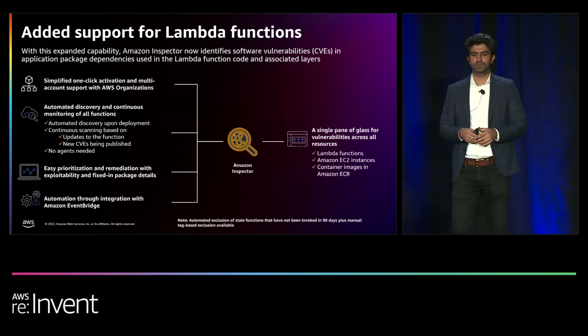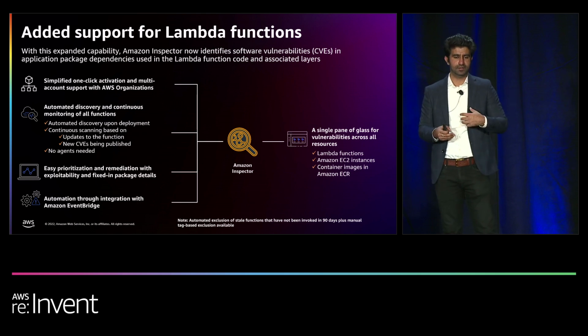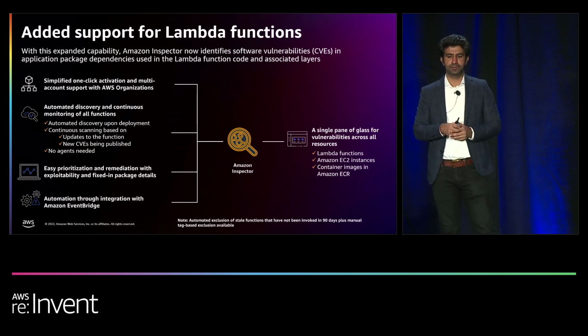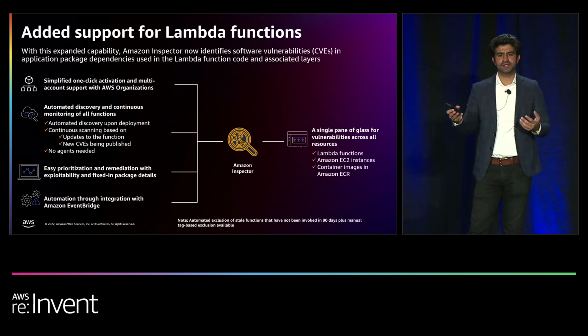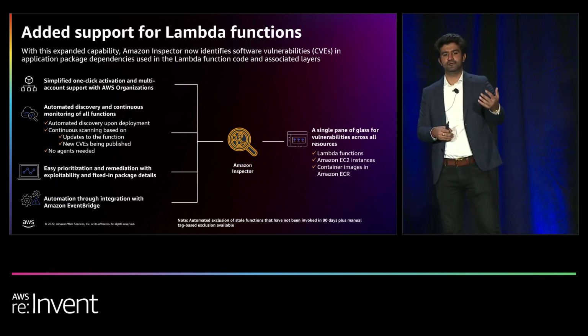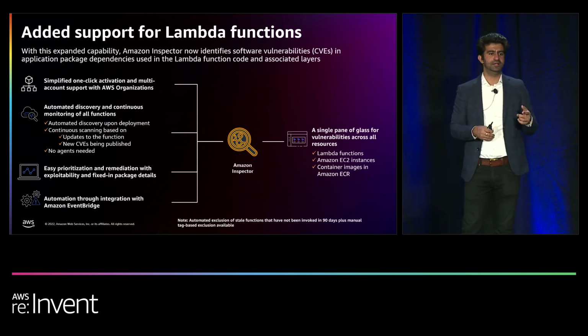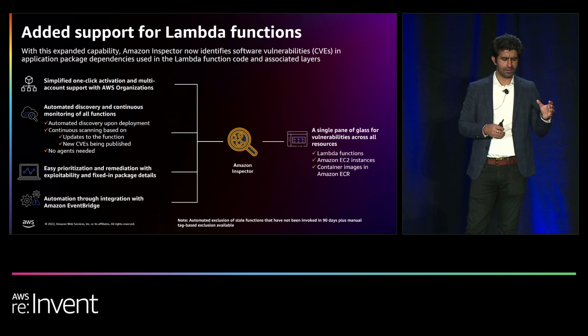So what I mean by that is we will go and extract the Lambda function. We will look at all the dependencies that are being included in that. We take an inventory of that, and we will generate findings. And let's say if you update a function, because I've talked to a few customers who have regular updates scheduled.